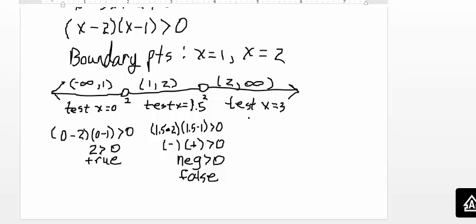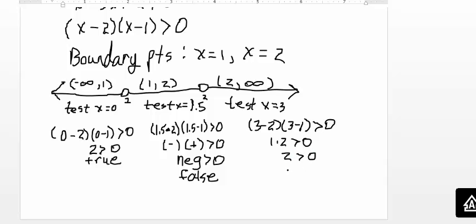And then let's look at testing x equal to 3, which is going to represent all the numbers in this final interval. So 3 minus 2 times 3 minus 1, is that greater than 0? So 1 times 2, so 2 really is greater than 0.